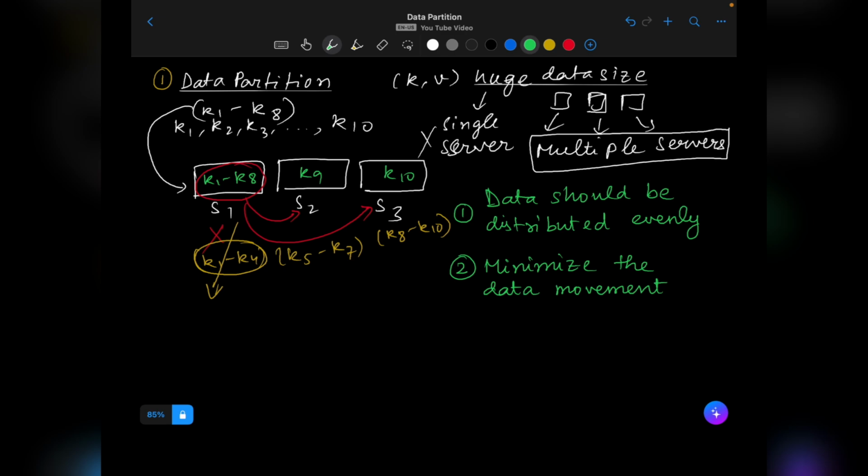You'll eventually see that this scenario is handled automatically by the logic which we implement. But these two things need to be kept in mind.